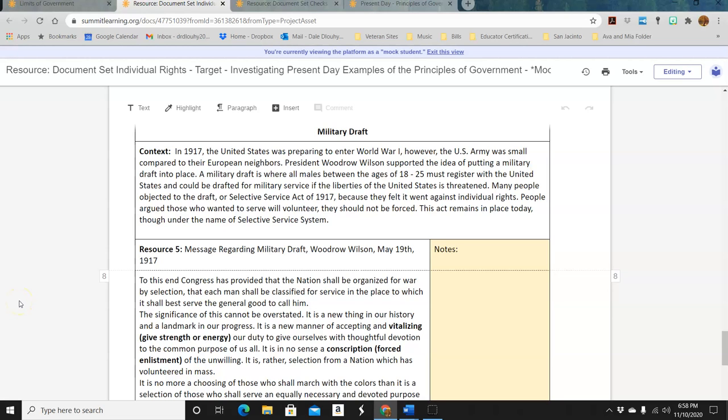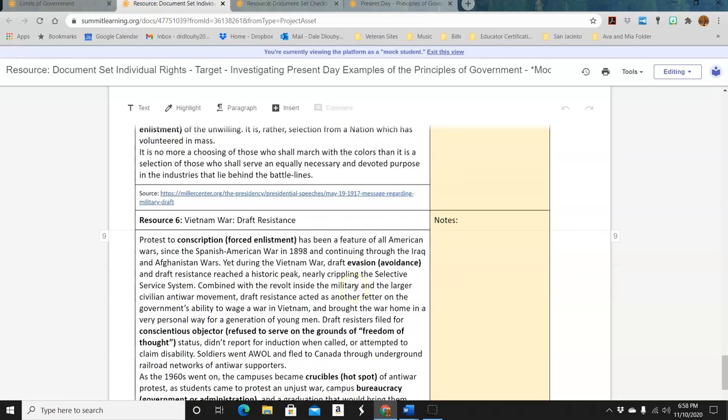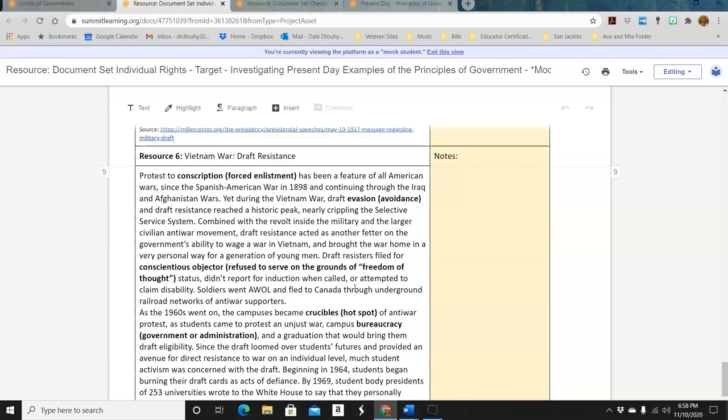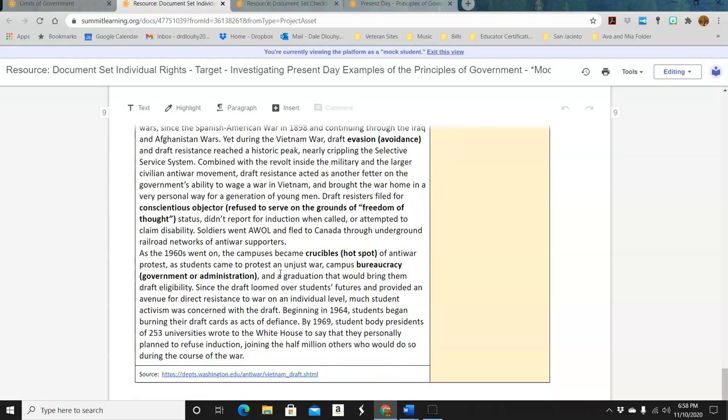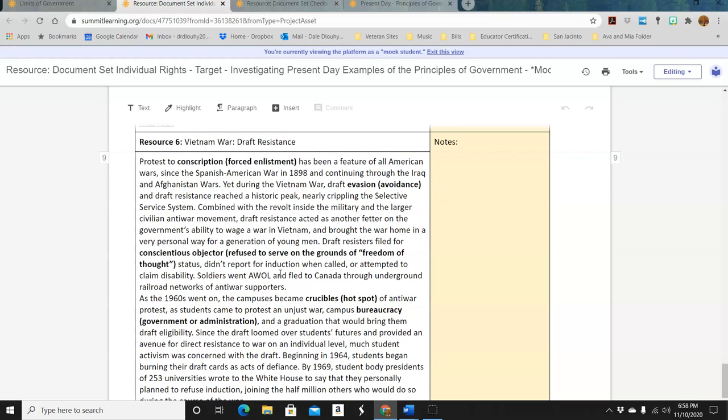Many people felt in 1972 that the draft went against individual rights. Resource 6, the draft resistance for the Vietnam War. We have more people here who are resisting the draft during the Vietnam War through protesting and such things.